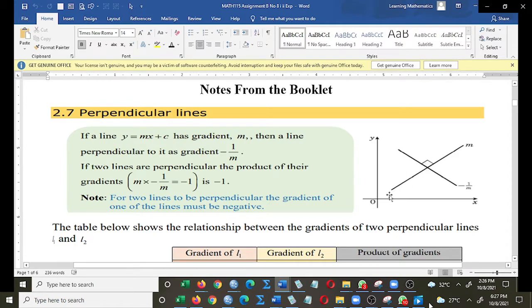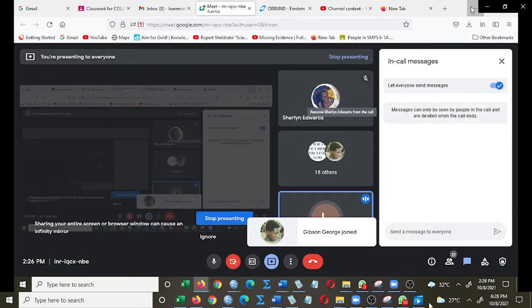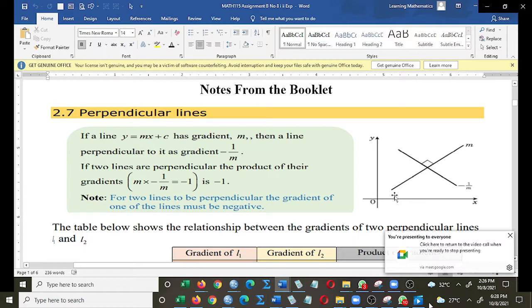One is going, for want of a better word, a different way of phrasing it, let's call it inverse. One is going inverse negative with respect to the other. So for example, here you have one line going in this direction. The other line is going inverse in the opposite direction.